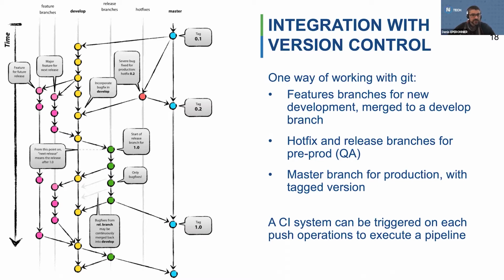When enough work is collected there, the code can be promoted to a release branch and eventually also get the result of hotfixes. In the end, there is a master branch for production with tagged versions. The nice thing here is that with a CI system, each operation that is performed can trigger a pipeline, so you can verify your work all the way.